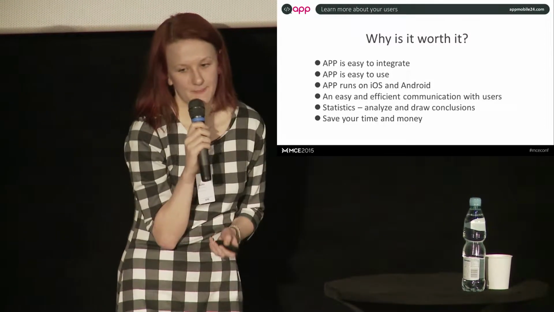For now, it works for iOS and Android, Windows Phone hopefully on the way. So you can easily and efficiently communicate to your users. You can have some statistics, analyze them, draw conclusions, make some improvements, maybe direct a new way of developing your application, and get even more.